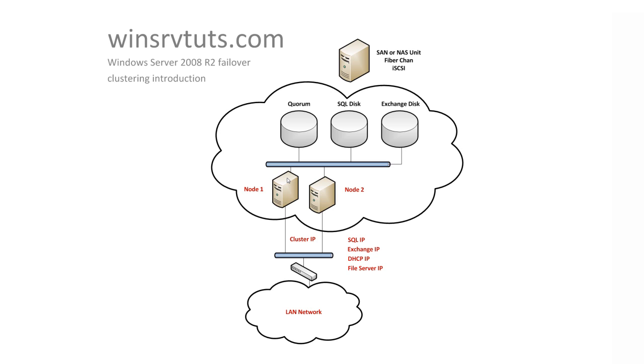Just as a little side note, a wonderful enhancement that Microsoft has made in failover clustering in Windows 2008 R2 is the ability to place your nodes at different physical locations. So let's say you had a very redundant and high availability type of network, your Ethernet network and your wide area network. You could actually move node 2 to a completely different physical location.